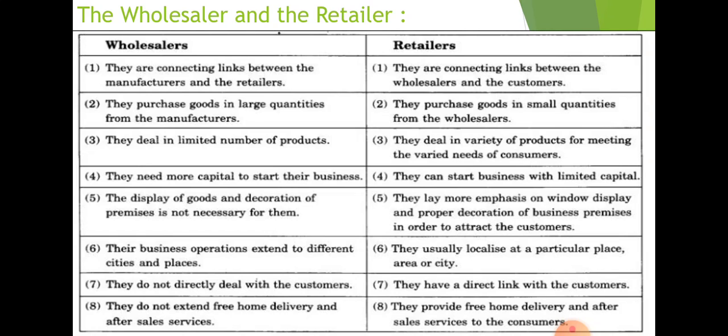They lay more emphasis on window display and proper decoration of business premises in order to attract the customer. Means if we are not influenced by the shop, why would we go to that shop? So displaying and decoration of the shop is very necessary for retailers, so that they can attract customers, and customers can go and purchase anything.